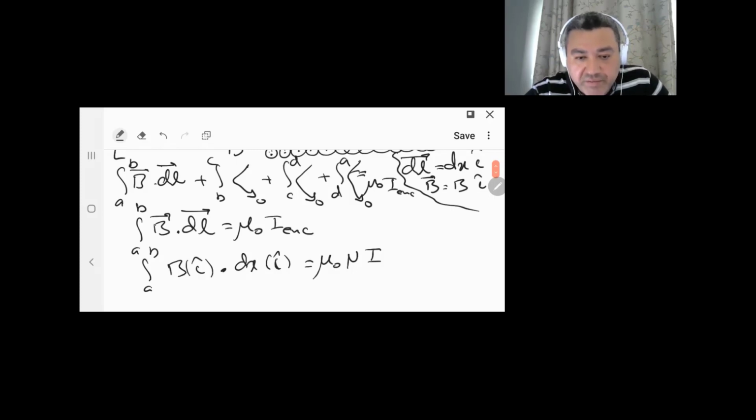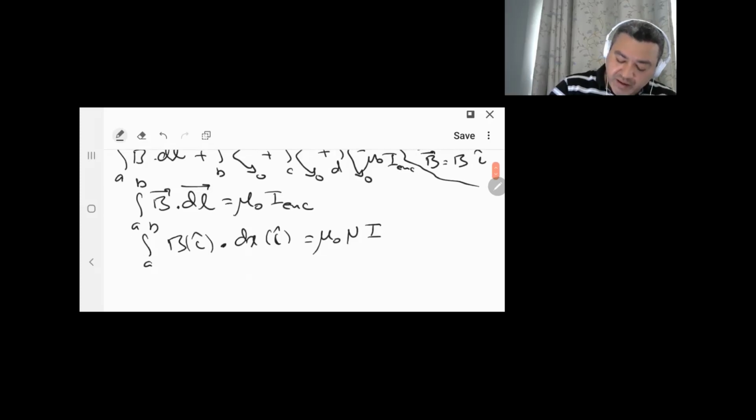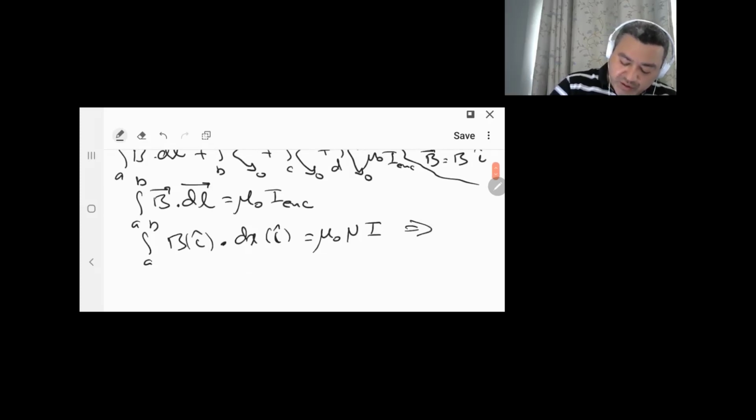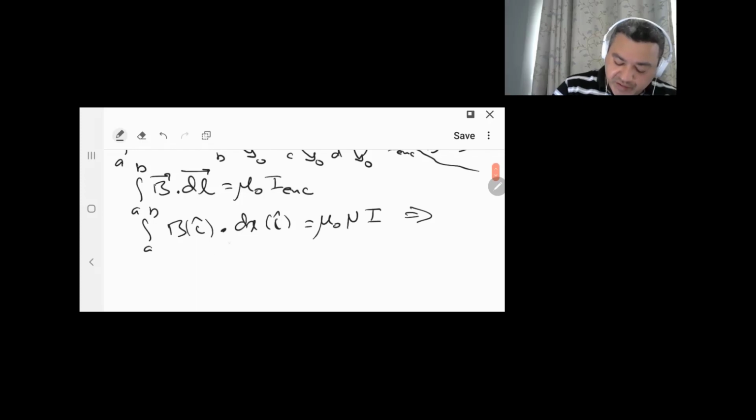That's correct. So we end up writing the I enclosed being N I positive, and then we will continue with the integration. So I have I hat dot I hat is going to give me 1, and then the B is going to go outside.